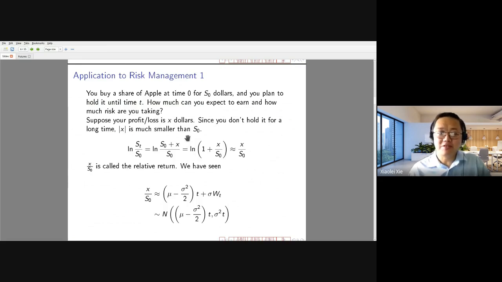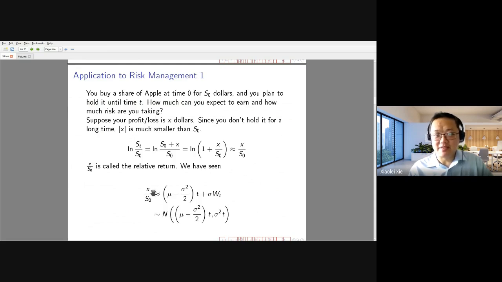Then as a result, our profit or loss won't be so much bigger than S0, the stock price at the present time. And then we can approximate our logarithmic return as the profit or loss divided by our initial investment, which is the stock price now. And this is called the relative return.